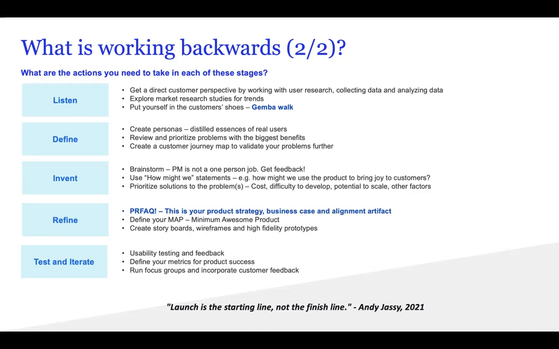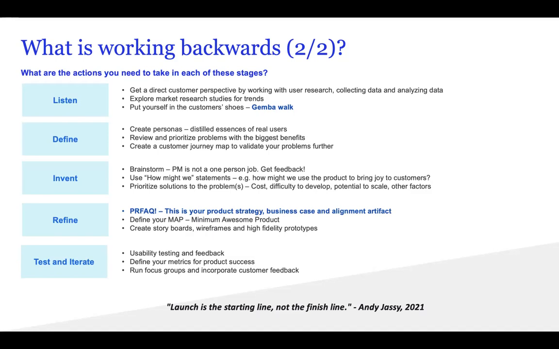Number 3, you can also put yourself in your customer's shoes. You can do what's called a Gemba walk. A Gemba walk is essentially putting yourself in the customer's shoes and walking the value stream, trying to understand where there are pain points, where there's waste, and trying to see if any of these can lend itself to a solution.